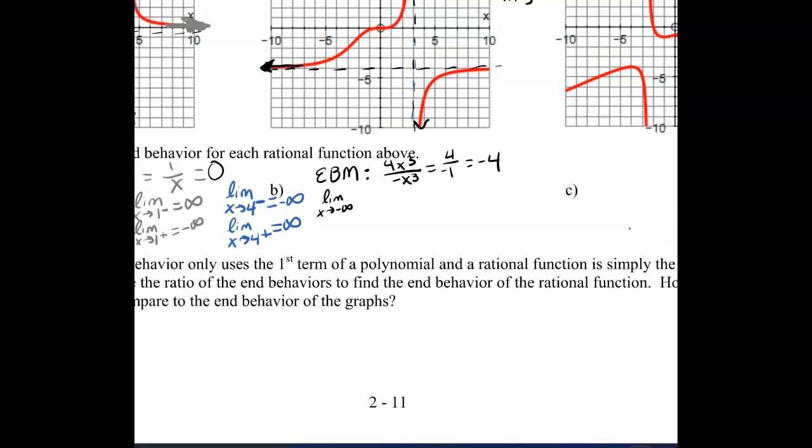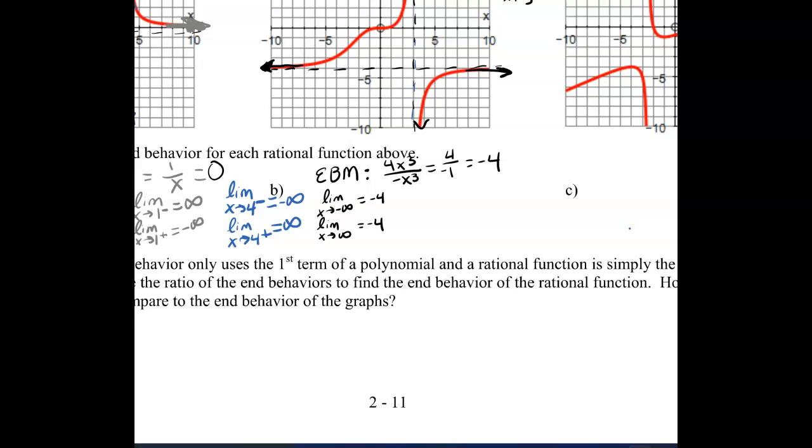Well, my y values are getting closer and closer to that horizontal asymptote, which is at negative 4. And my limit as x goes to the right, aka positive infinity, is also approaching that horizontal asymptote, which is at the y value of negative 4.